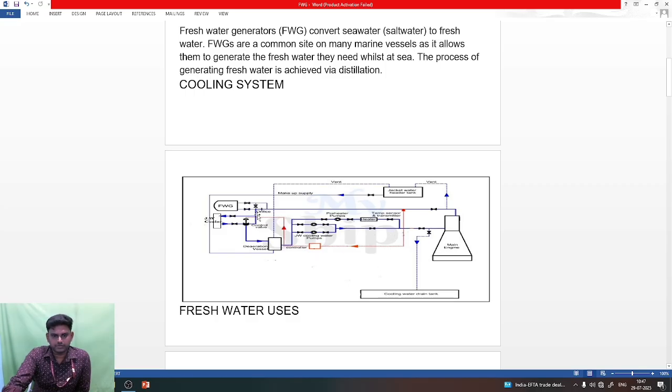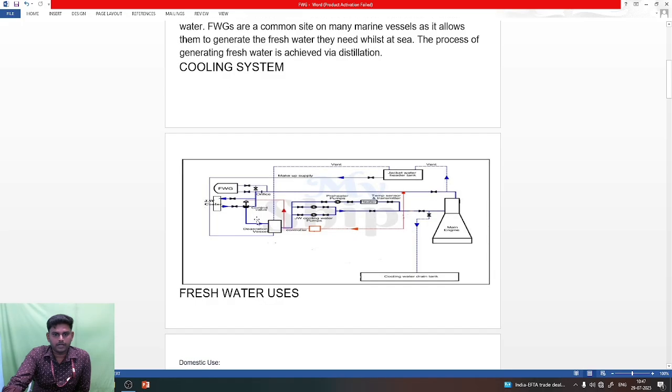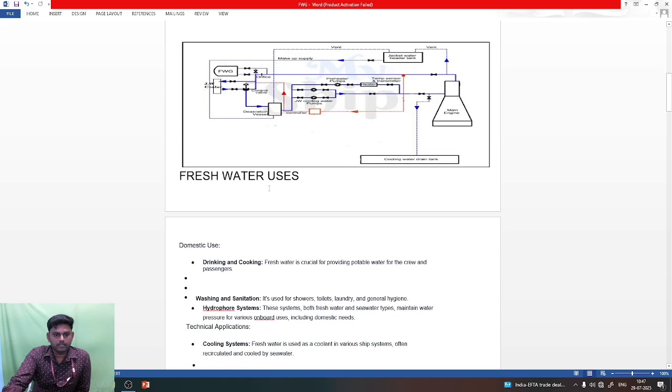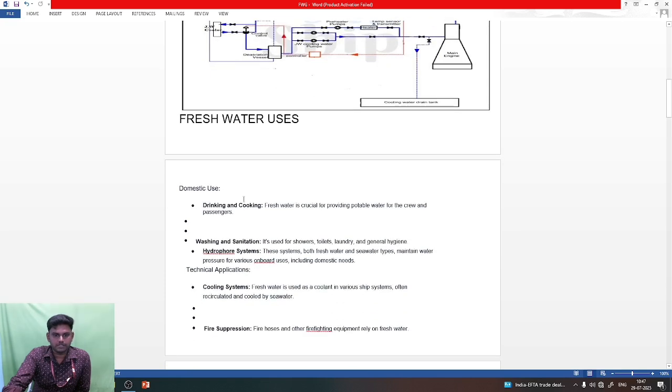It's a running loop. And after this we will see the inside of the freshwater generator system. There is domestic water use: drinking and cooking.